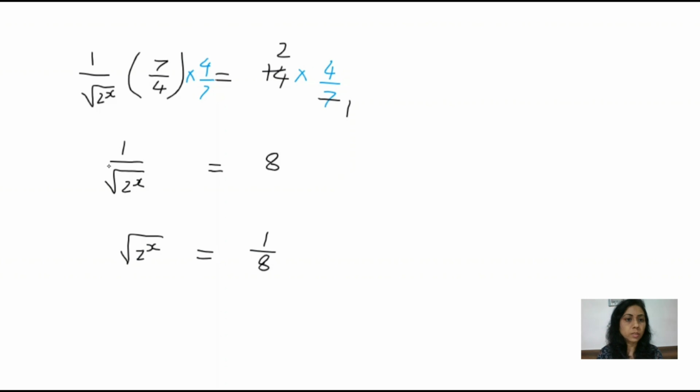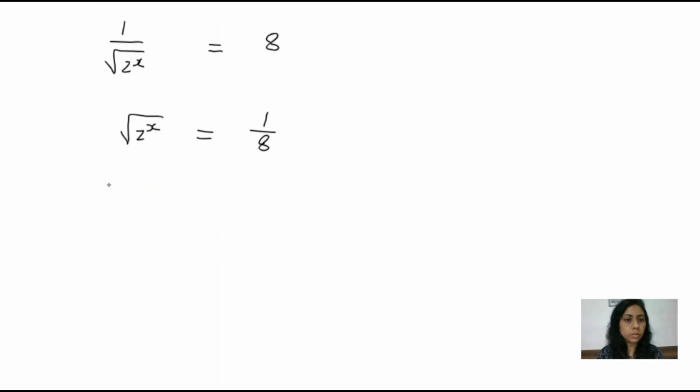The denominator we can multiply on this side, and the 8 here multiplied, so on the other side divided. So this is √2, not z. (1/√2)^x is equal to 1/8, and 8 we can write as 2 to the power 3.